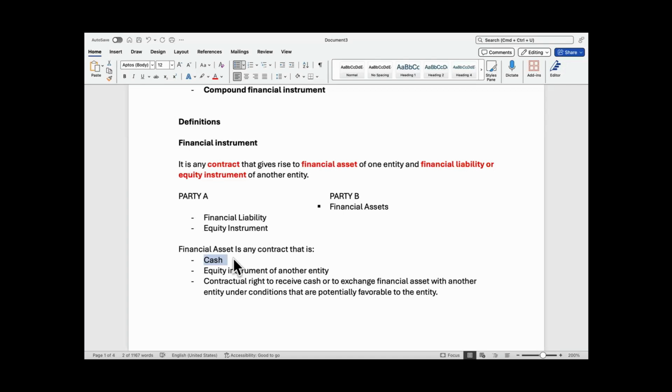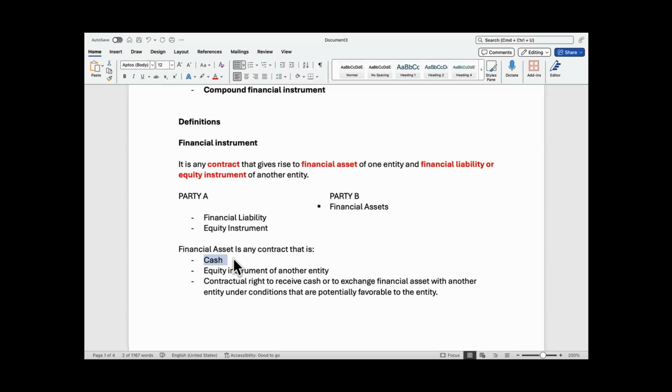Those are examples of cash. Cash does not really have any definition whatsoever because what is cash? Cash is cash. The only definition that we have was in IAS 7, and it did not define cash.